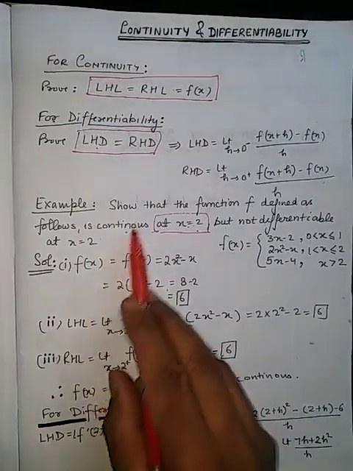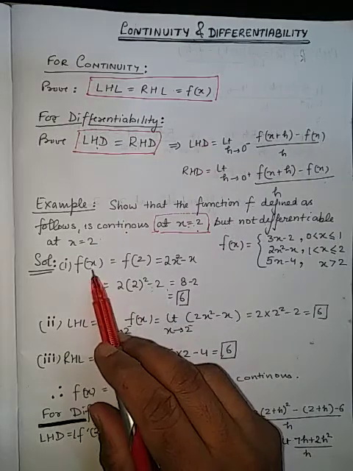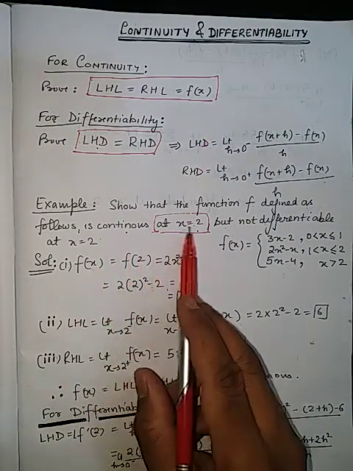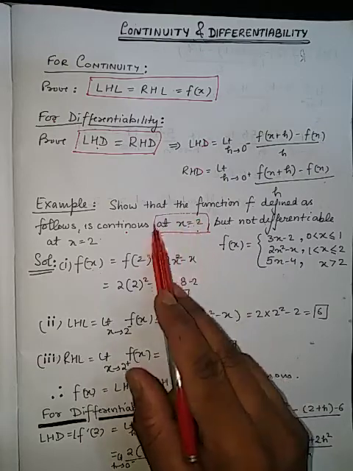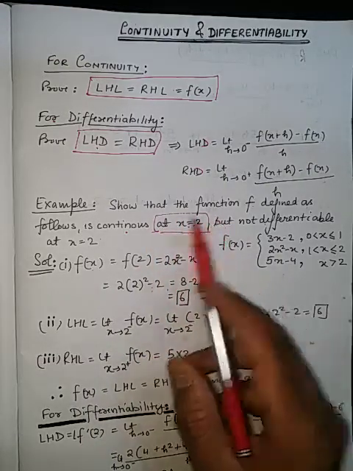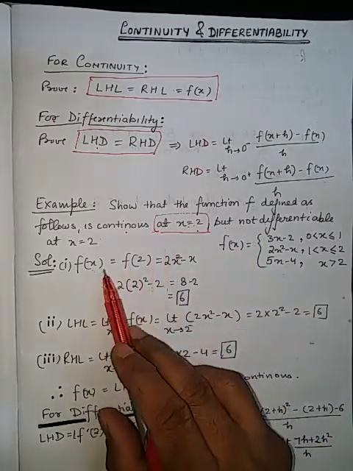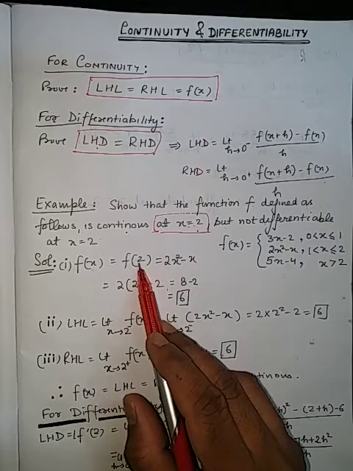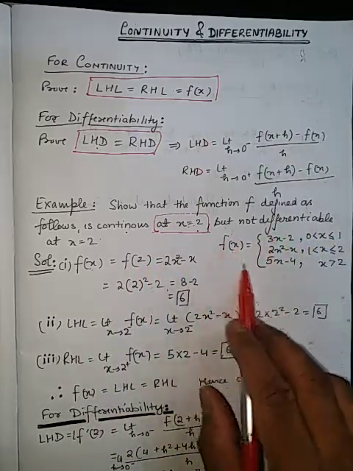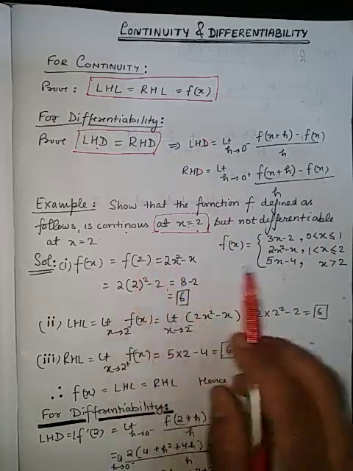First, you have to find f(x), because we need the f(x) formula in this question. f(x) equals, what is x? x will be equal to whatever value is given to prove continuity or differentiability at that particular point. So we have to put that x equals 2 in the given equation, and from the question we have to find where x is equal to 2.